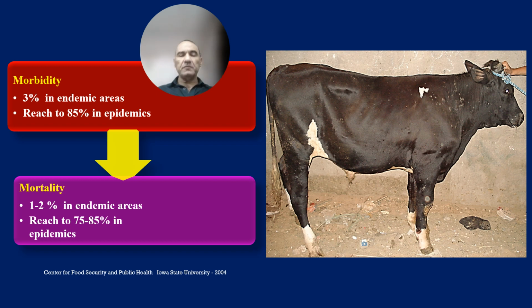In Egypt, the mortality rate during all the epidemics since 1988, 2006, 2012, and 2014 reached 40%.